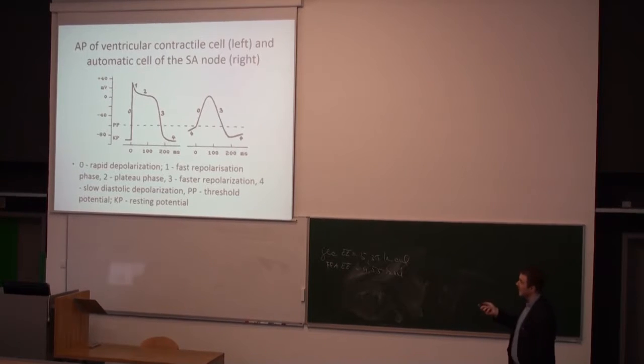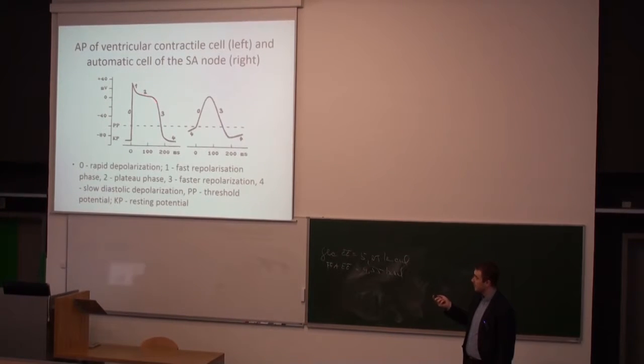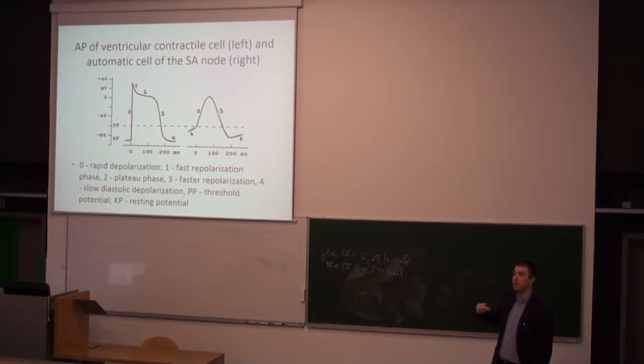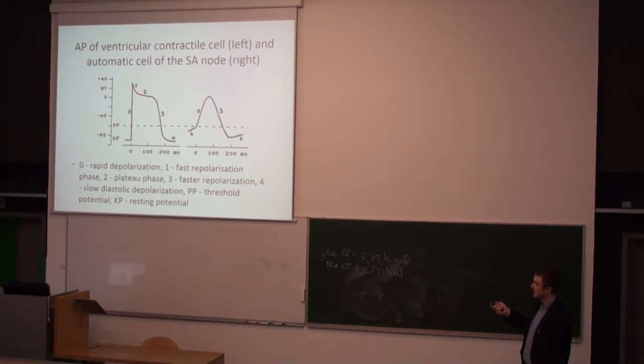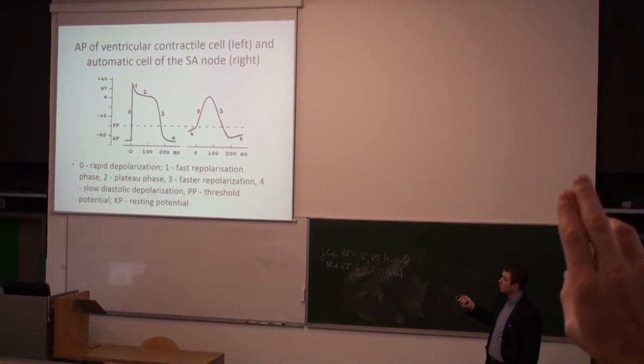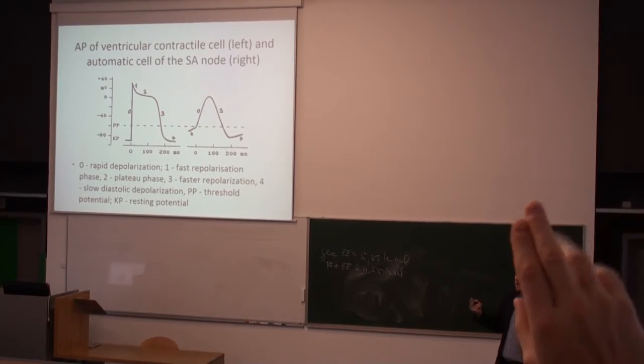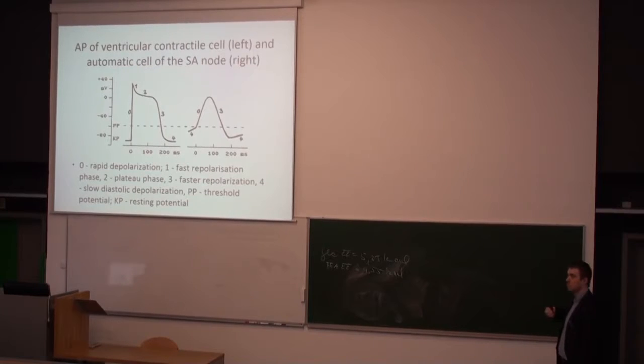Yes? After some time, the flow of potassium becomes bigger than the flow of calcium. And at that time, you come to the second phase of fast repolarization. So it was the first, and this is the second. Yes? Both of them are caused by the potassium coming outside the cell.